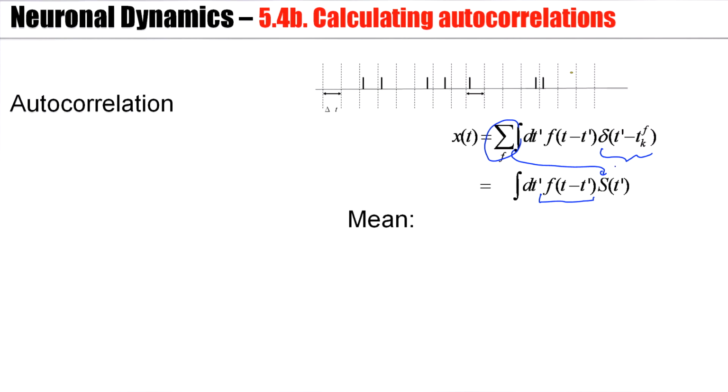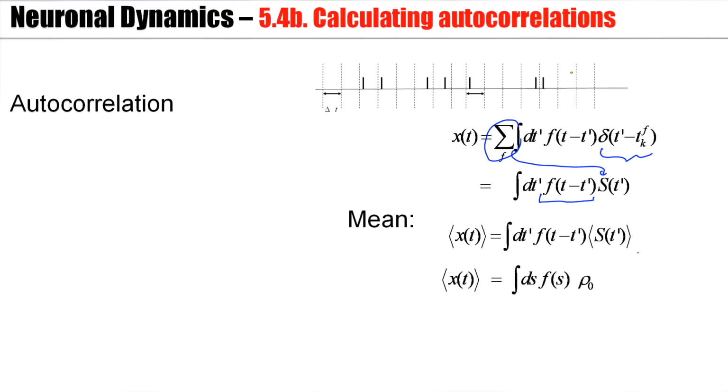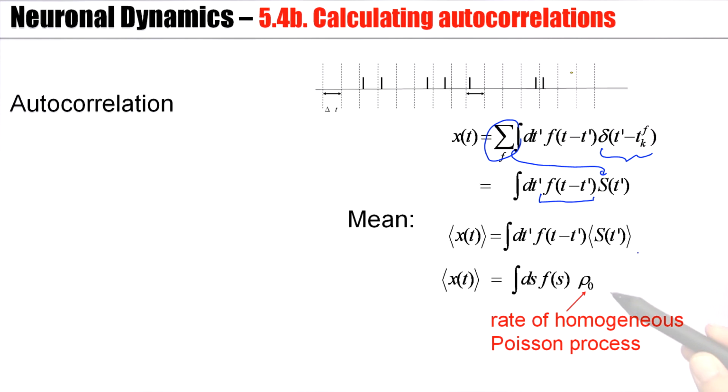And if you look at the mean, then this is the mean of the spike train, and for the case of a homogeneous Poisson process, this would be the rate. That's the rate of this spike train. We don't consider k independent inputs anymore. Let's consider just one single input spike train, S of t.